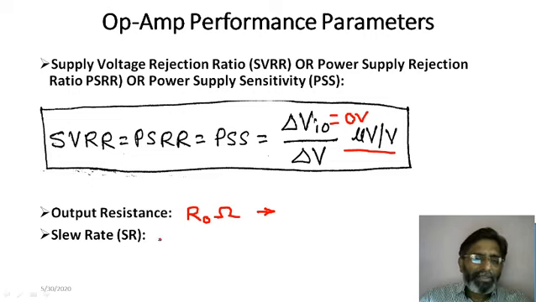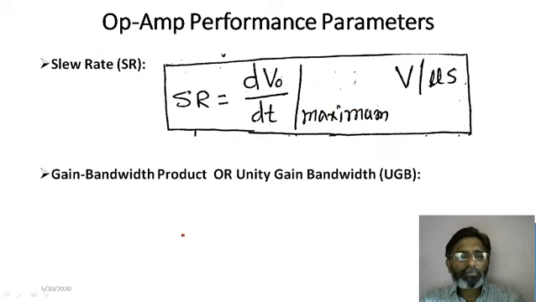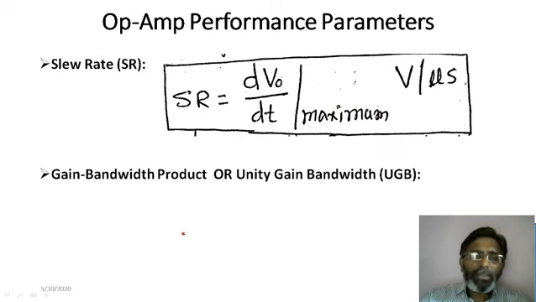Then next is the slew rate. Now, this is another very important parameter. It gives the information about how the output of the op-amp changes with respect to time, the rate of change of output voltage with respect to time.